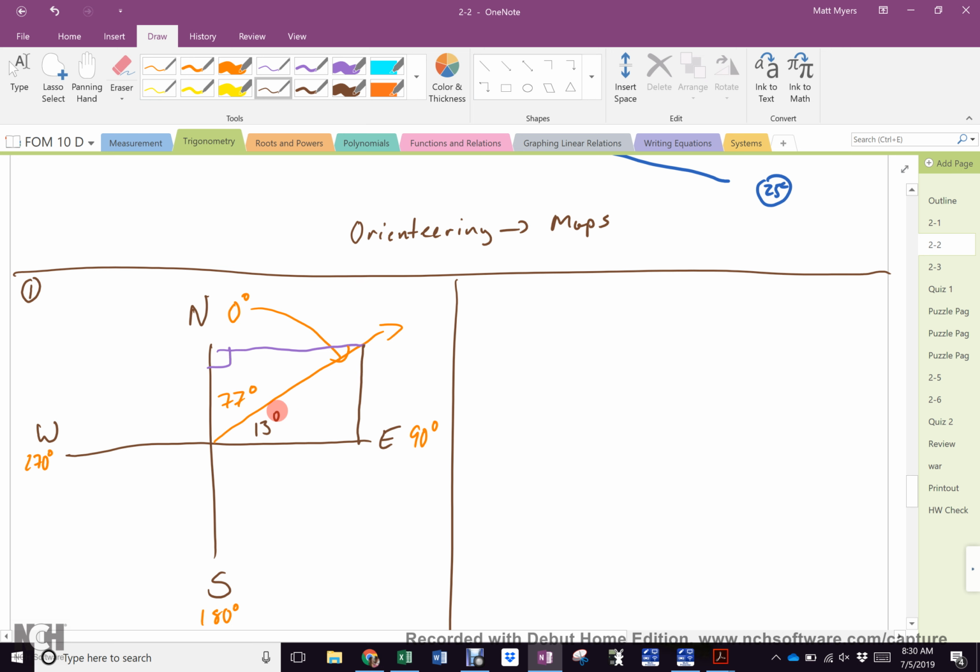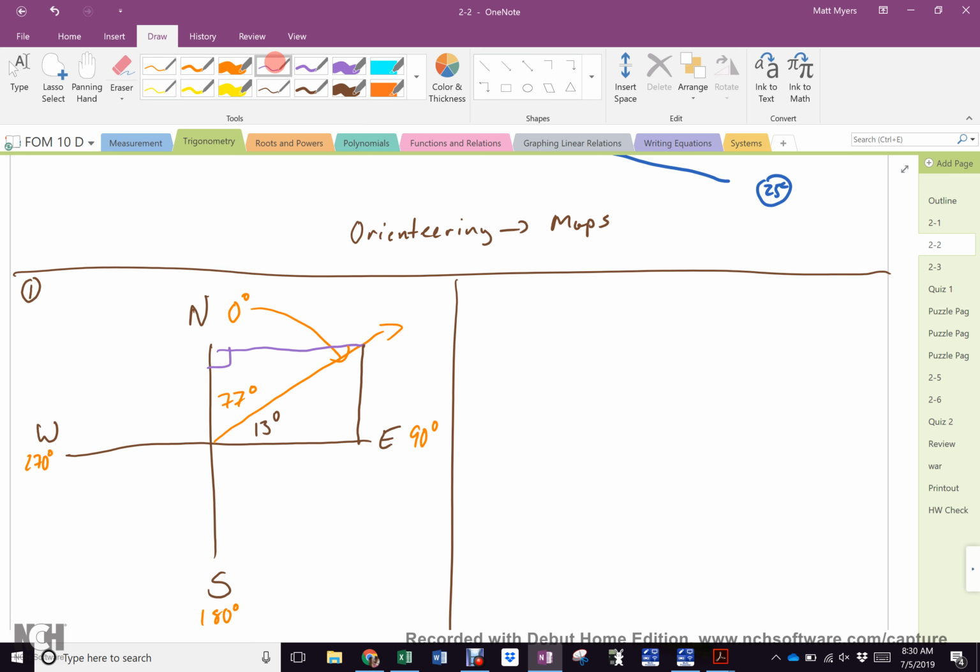Does everybody understand why this is 13 if that's 77? Why is it? Yeah, the whole angle has to be what? 90, from 0 to 90. If that's 77 degrees of it, there's 13 left over. Is everybody cool? All right.